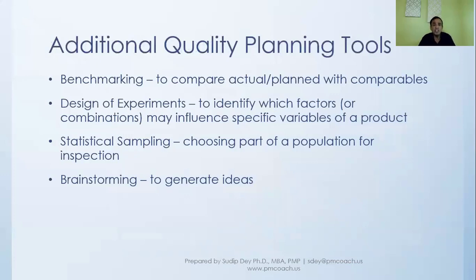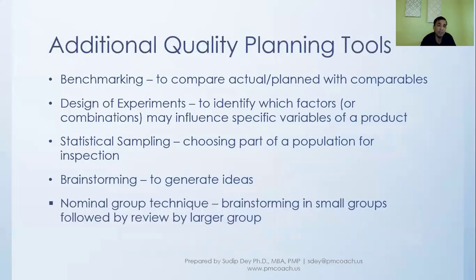You can do a brainstorming to generate ideas. You get a small group of people, ask them to give you ideas and inputs, and then you try to use that. Along with brainstorming, you can do something called nominal group technique.